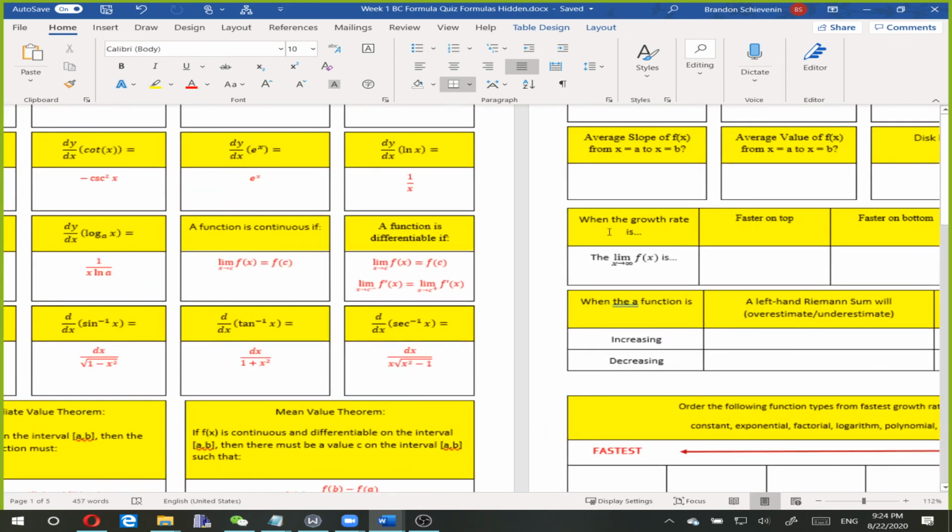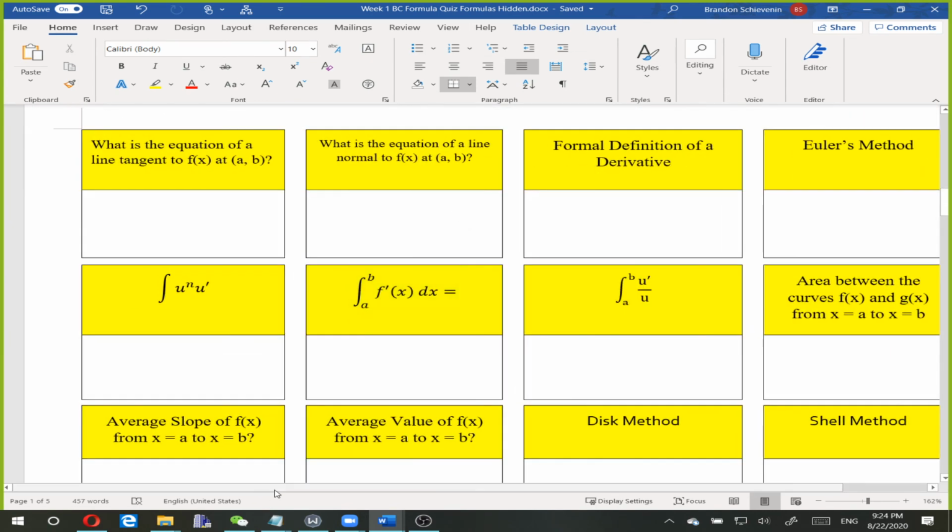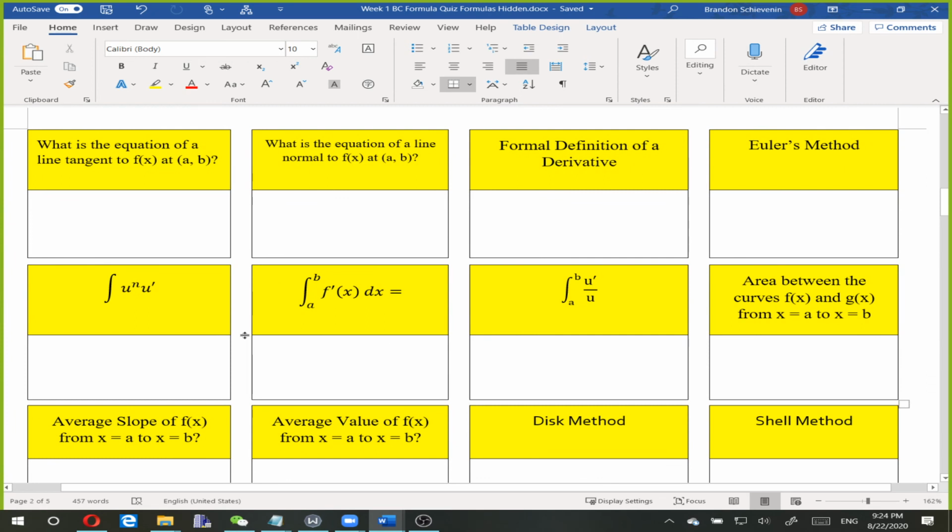Okay, then jumping to the second page. Kelly, what is the equation of a line that is tangent to f of x at the point (a, b)? Okay, you're really close. That's f prime at what x value? f prime of a, perfect.